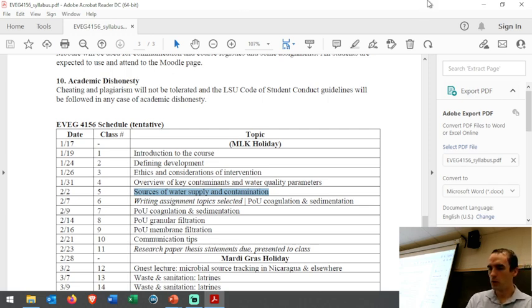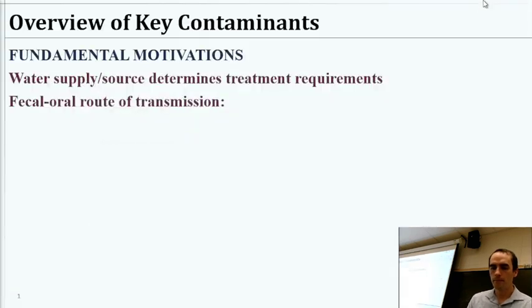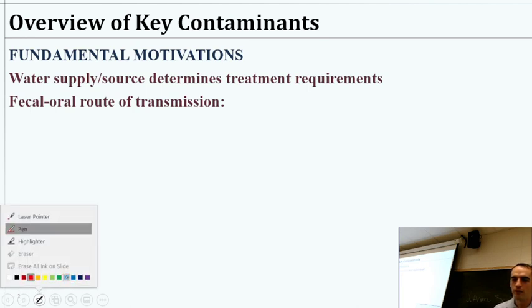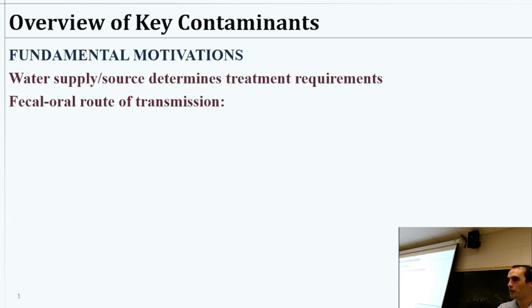Okay. All right, so if you've taken almost any class with me before, you've probably seen me draw my silly fecal-oral route of transmission toilet drawing. Essentially, the primary thing we care about with water treatment, whether that's wastewater or drinking water, is that we're trying to avoid the fecal to oral route of transmission.